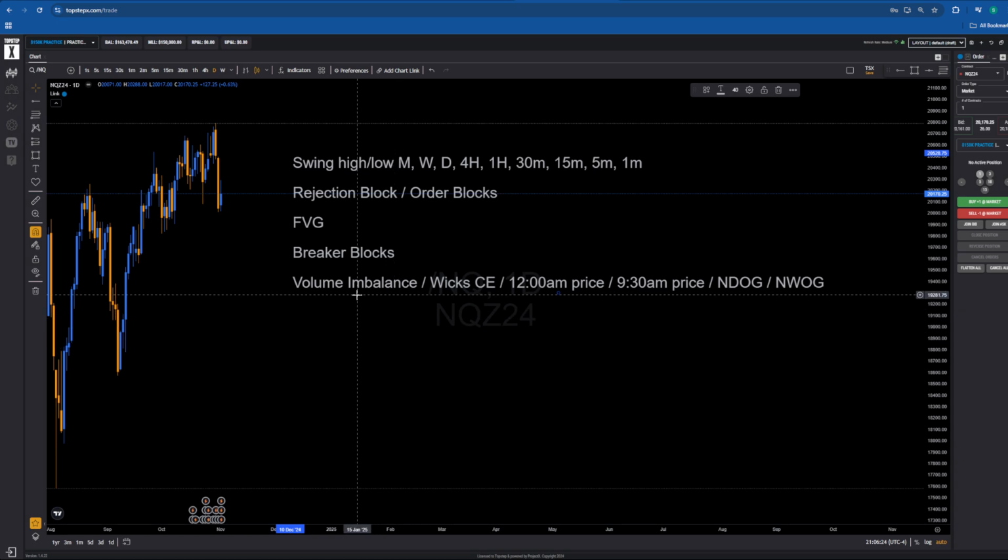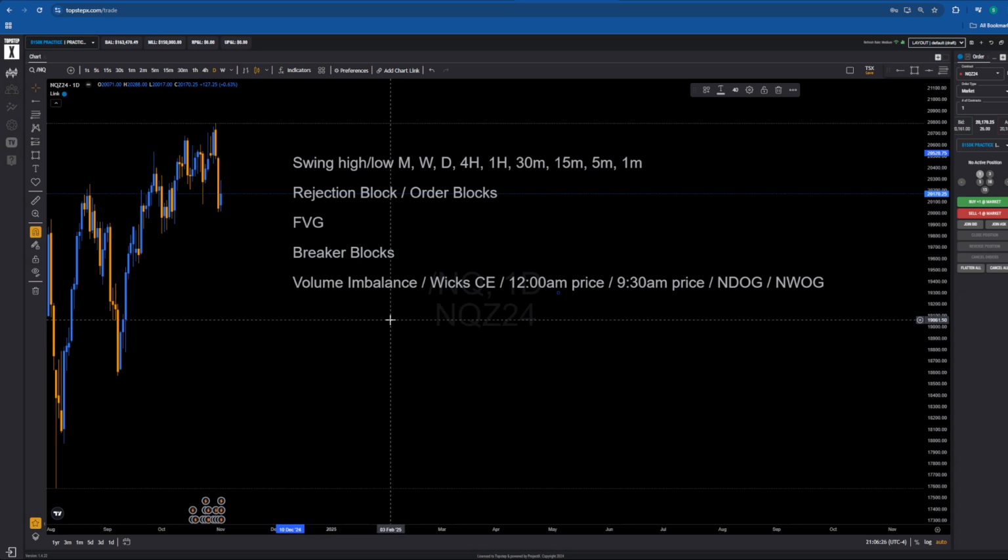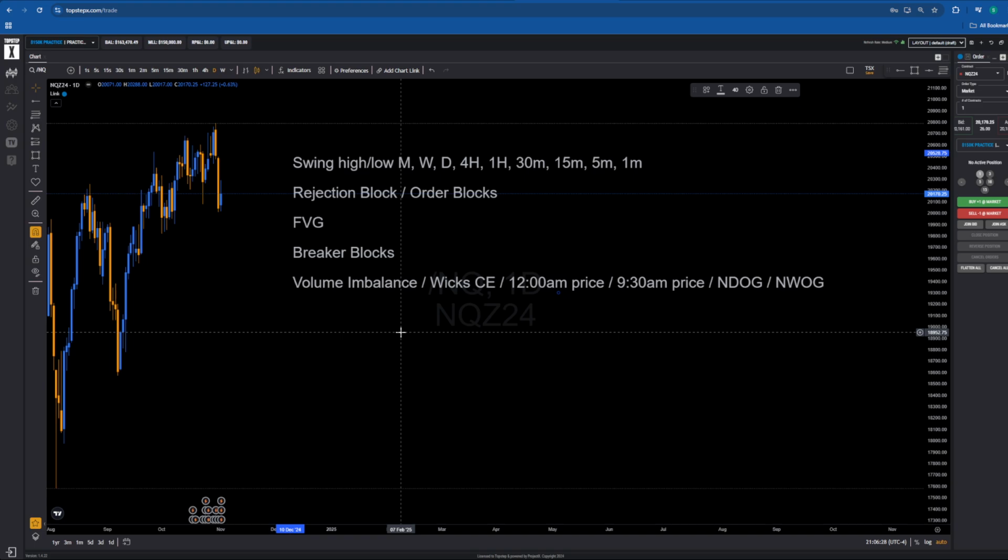So I had a few comments on, at a high level, what checks I do when I'm trading. I just wanted to share the things I look for every morning, the steps I take based on the ICT concepts.